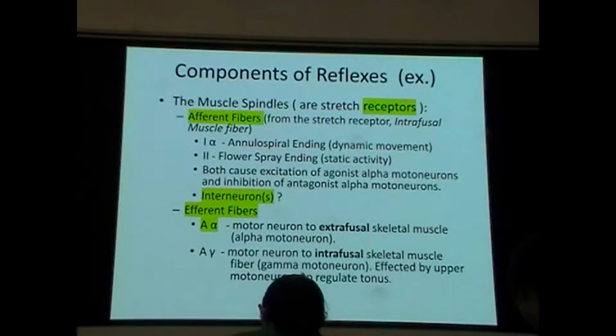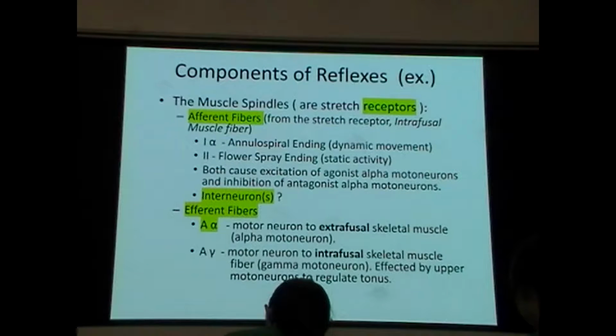There's also another ending called a type 2 ending, and that looks like little flowers at the end of the muscle spindle. So both of these monitor stretch. Both cause excitation of an agonist alpha motor neuron and inhibition of an antagonist alpha motor neuron.